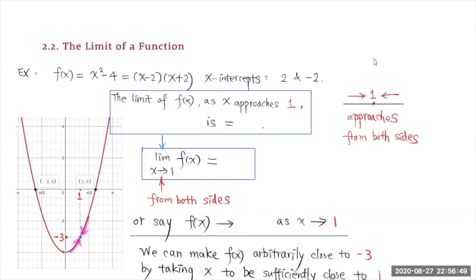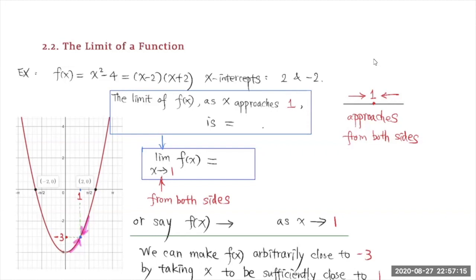Now, take a look at this function over here. As x approaches 1 from the left side and from the right side, when x is getting closer and closer to 1 from both sides, what do you think about the function value f of x?